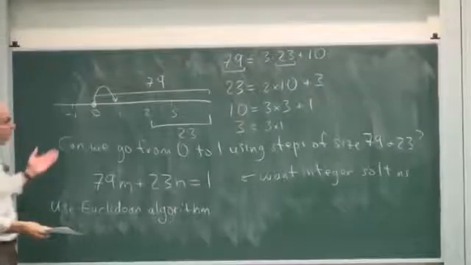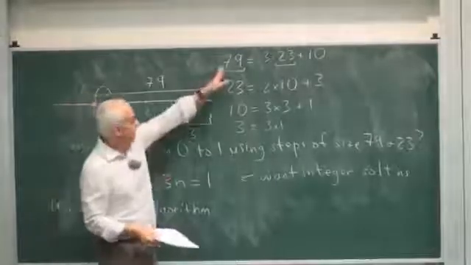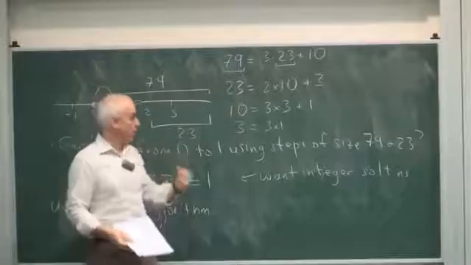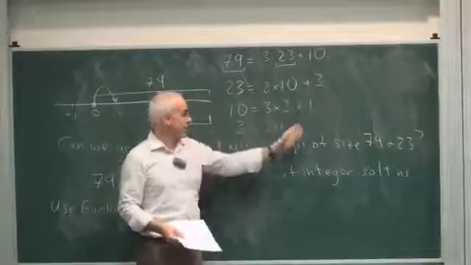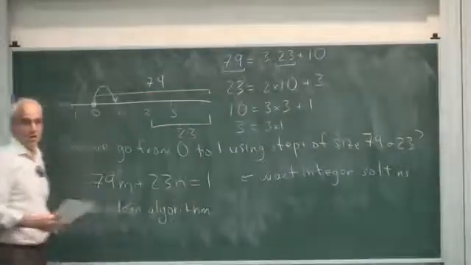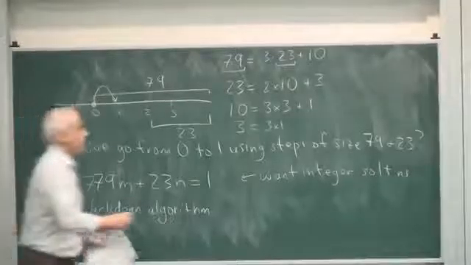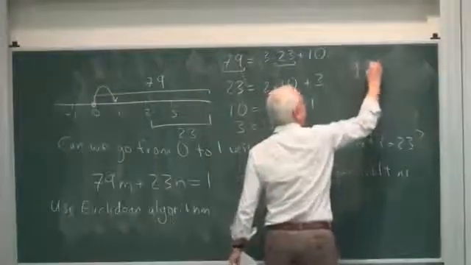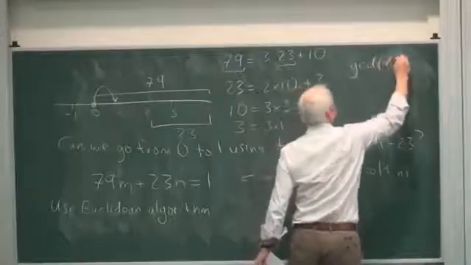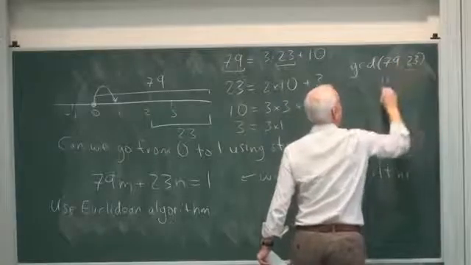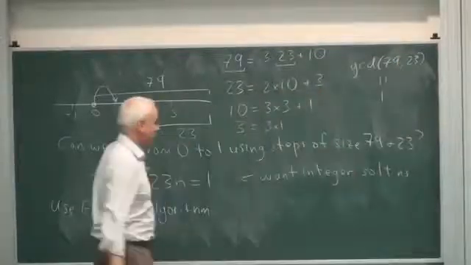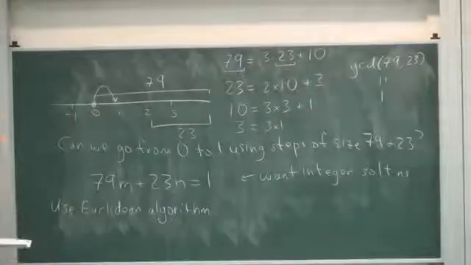So if we were looking for the greatest common divisor of 79 and 23, we would at this point know that the greatest common divisor is 1. It's the last non-zero remainder that we got. So the greatest common divisor of 79 and 23 is equal to 1. That's what the Euclidean algorithm shows us.